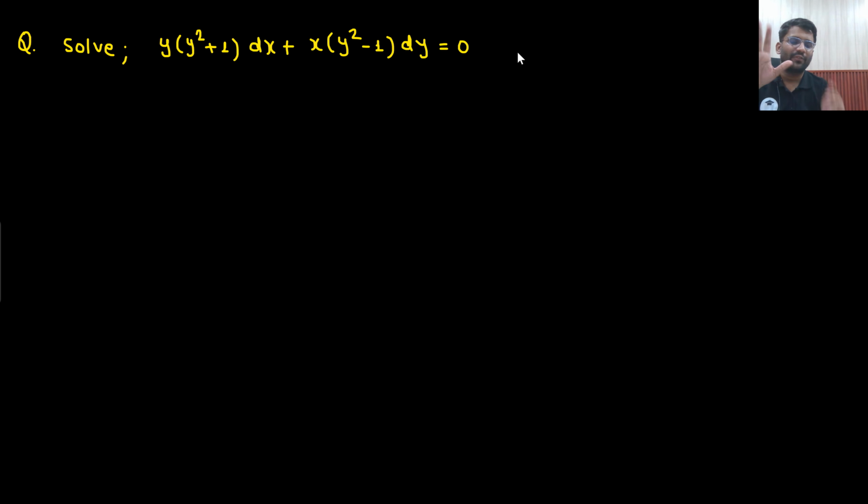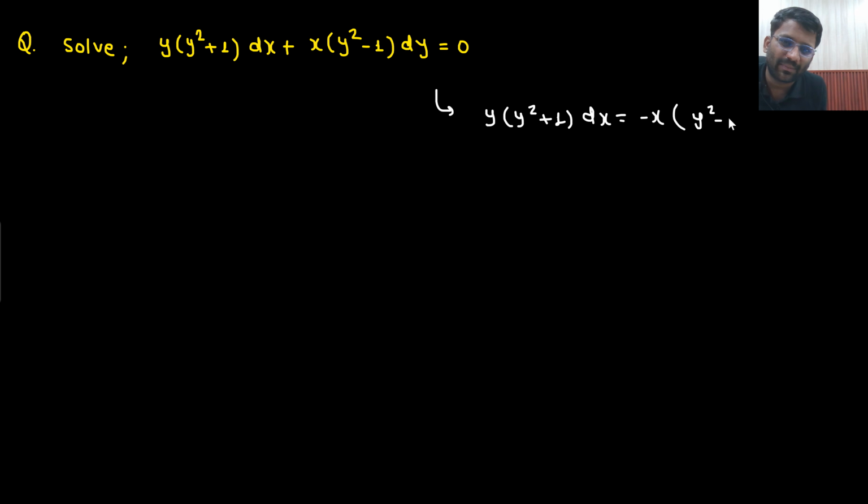If this question comes in front of your screen in the examination hall, what will you do? Sir, first of all, I will think of variable separation. Is it possible here? It feels possible. I will write this equation in this way: y square plus 1 dot dx equals minus x y square minus 1 dot dy.